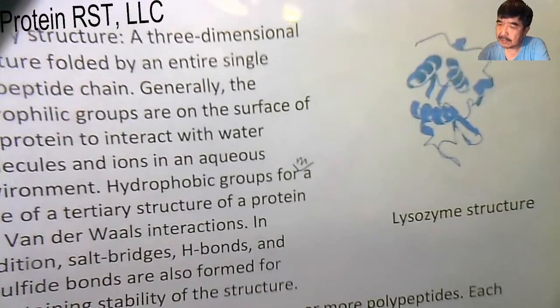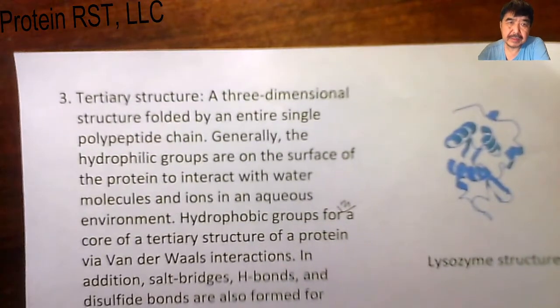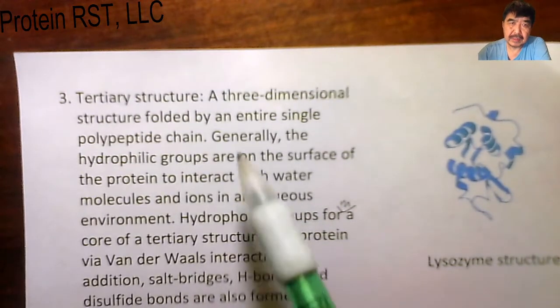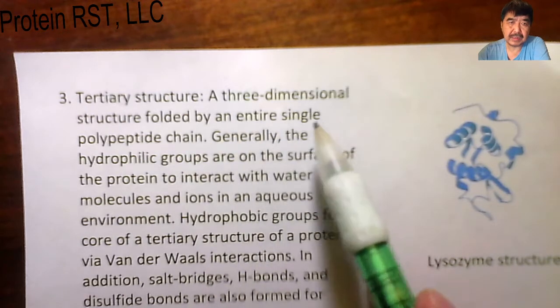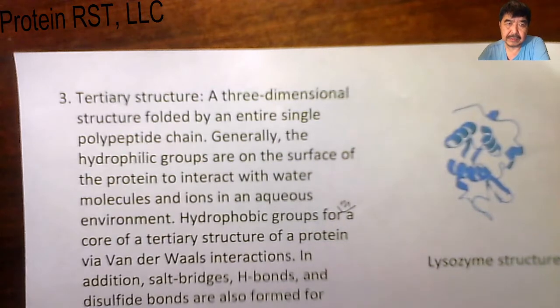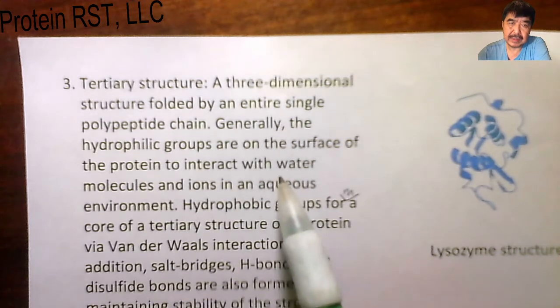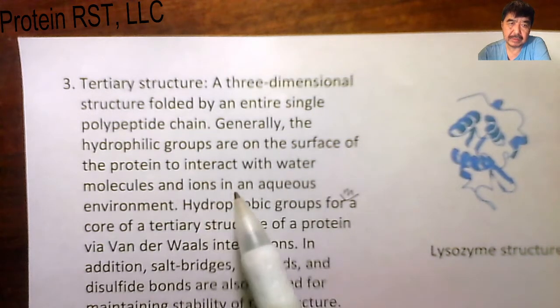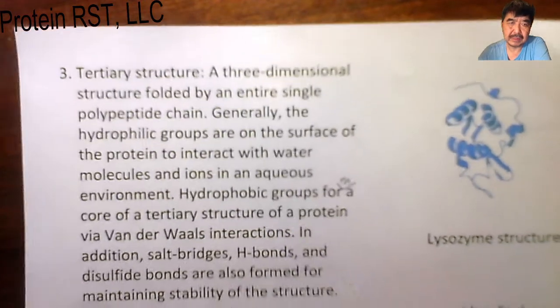The next level is called the tertiary structure. Tertiary structure is a three-dimensional structure folded by the entire single polypeptide chain. Generally, hydrophilic groups are on the surface of the protein to interact with the water molecules and ions in the aqueous environment.